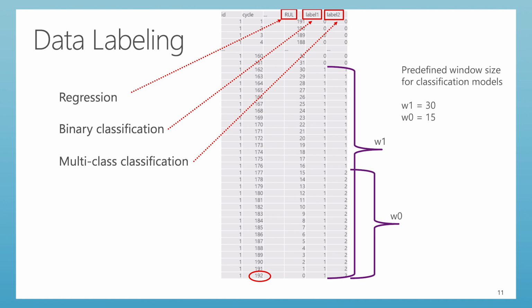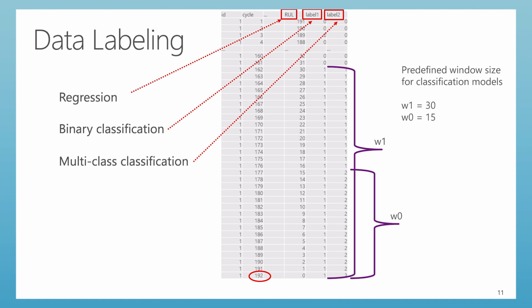Here, we are creating 3 additional columns. RUL, which represents remaining useful life, is the class attribute for a regression model. Label 1 is the class attribute for binary classification, and label 2 is for multi-class classification. So let's see how we actually created the remaining useful life column.